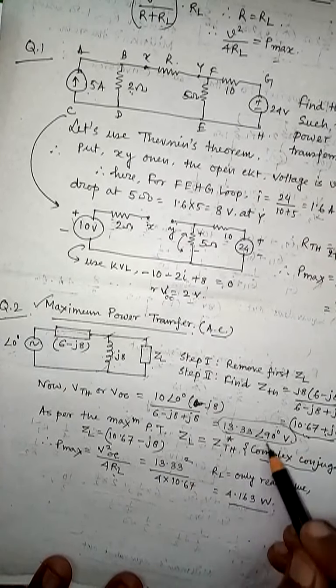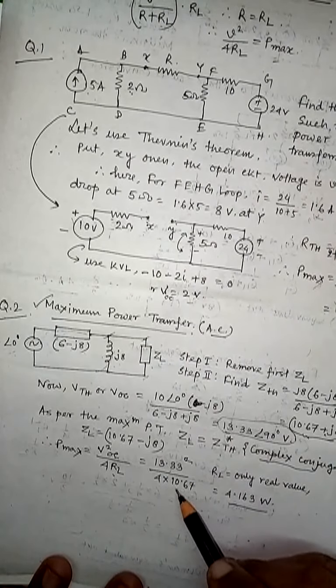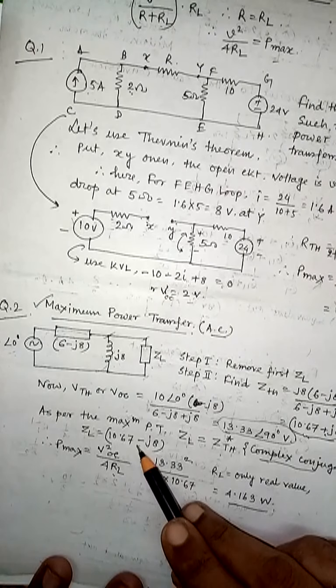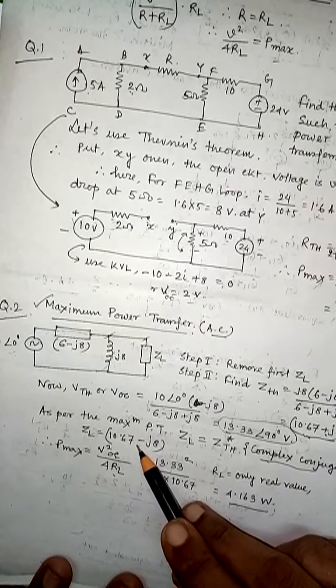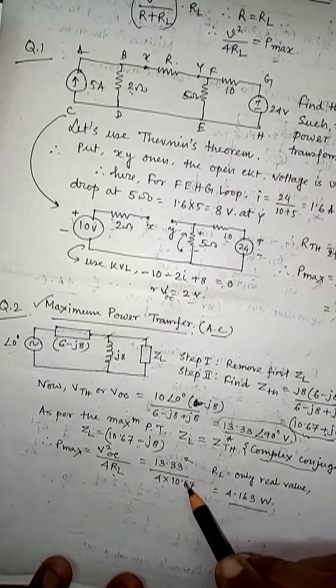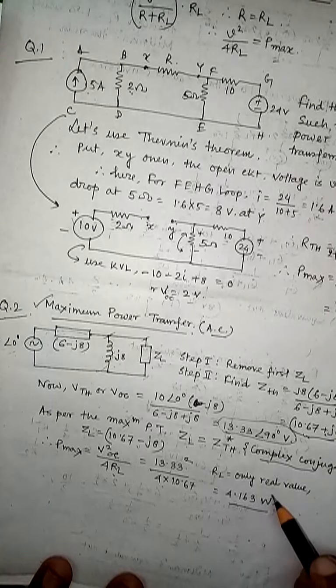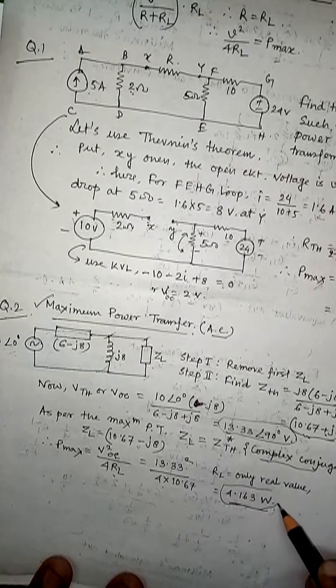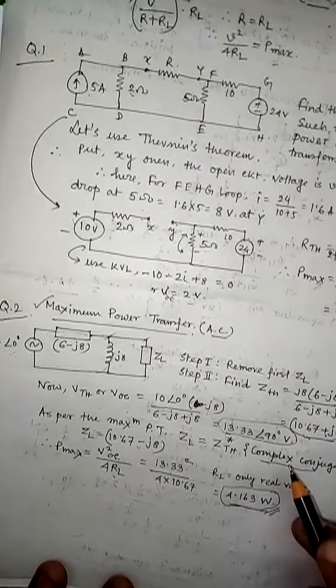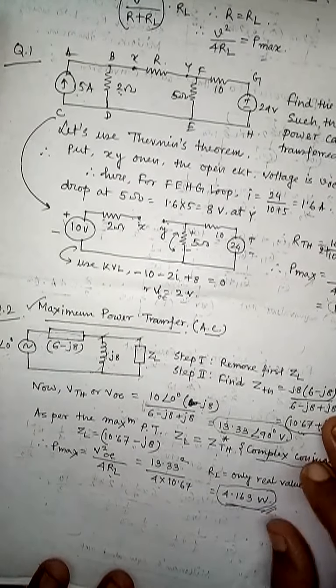So just putting this value over here, 4 into RL. The power is always the real factor, so we should ignore that imaginary part. Okay, so just putting this real value, and finally it will be getting as 4.163 watt.